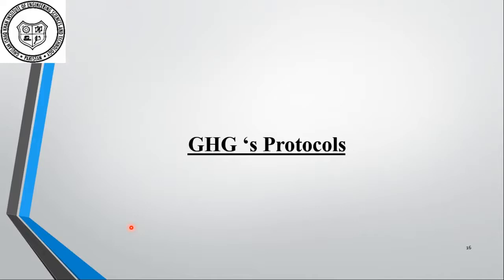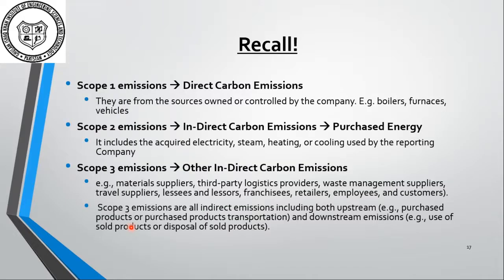So people, getting on to the next important bit, that is the greenhouse gas protocol. Before I move into the greenhouse gas protocol, I really want you to recall the scopes of emissions that you had studied previously. So we have the first scope, scope 1 of emissions. That was the direct carbon emissions. And what were the sources?